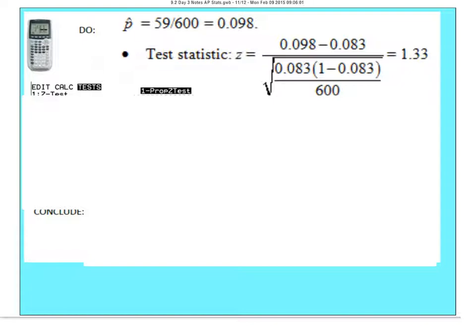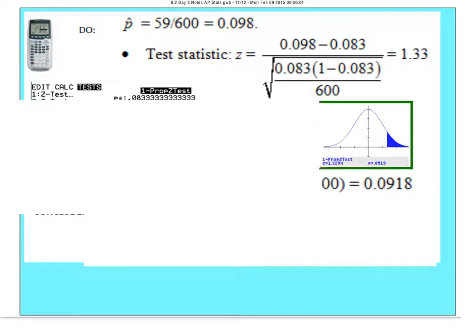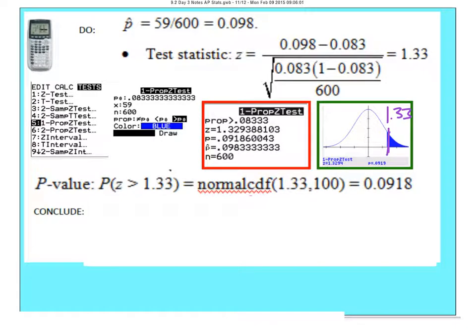Now, if we think about what the diagram would look like for this, here's a good picture of it. Our test statistic comes in right here at 1.33. Remember our hypothesis, we thought it was larger, so the p-value calculation is actually going to find this for us. In the calculator, it's very easy to find this. Remember, we're going to hit the stat button.